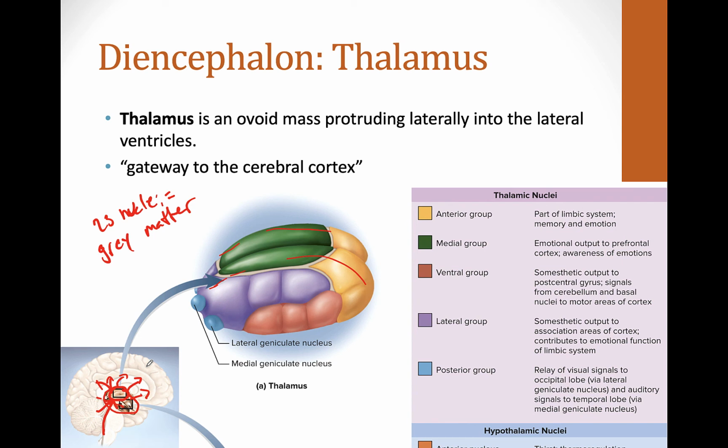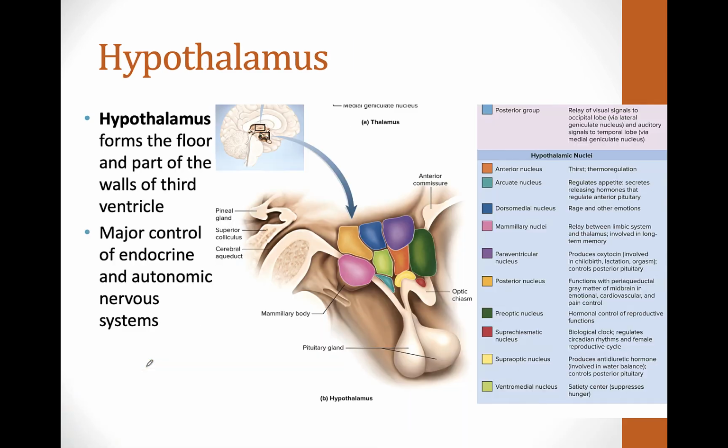This is also going to be involved in memory and emotional functions of something called the limbic system. So the limbic system is a group of different brain structures that are going to be involved with emotional responses.